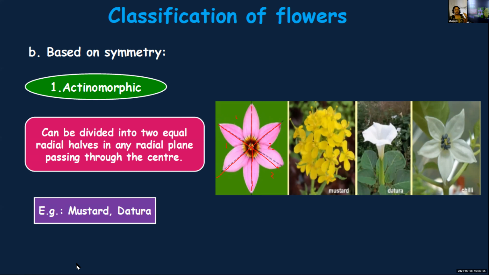It is compulsory that it should pass through the center, otherwise we will not get two identical halves. Examples: mustard and datura. We'll be continuing next class.